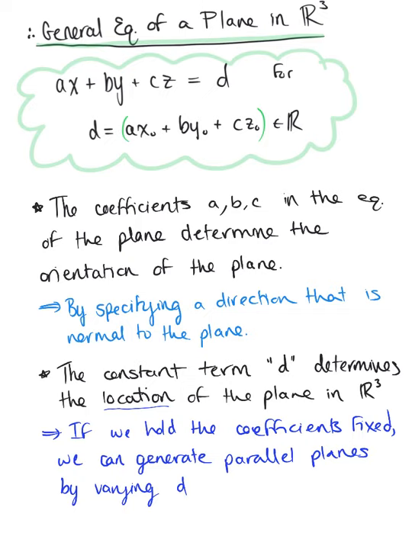So if we vary D, we produce parallel planes. So now that we have the general equation of the plane, we're ready now to go ahead and explore some examples. So get excited.